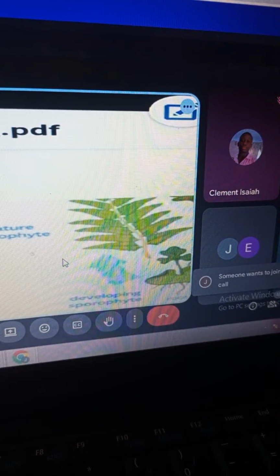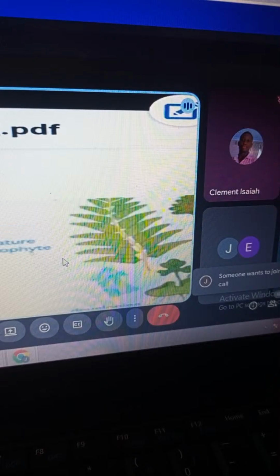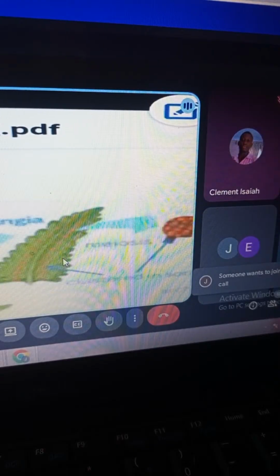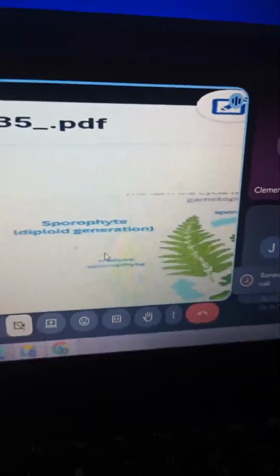Antheridium is where you have the sperm cells. Archegonium is where you have the egg cells. So they come together to form the individual, which eventually develops to sporophyte phase, which releases spores. You see these spores that are being released. When it lands on the ground, it germinates into a new organism.